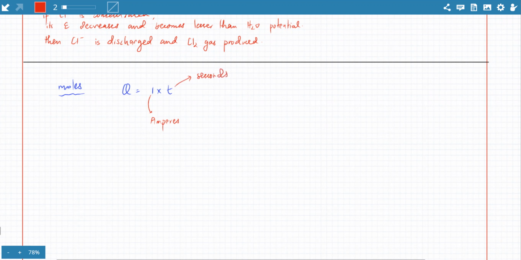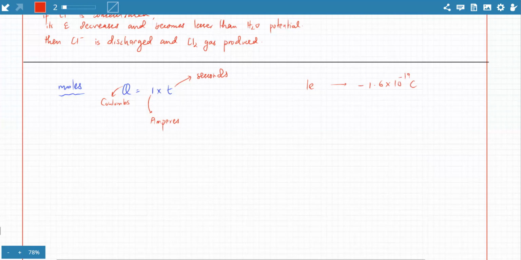If you multiply current with time, you get charge in coulombs. So that's one formula that you have to remember. The other one is that one electron, again physics, has a charge of 1.6 times 10 to the minus 19 coulombs.